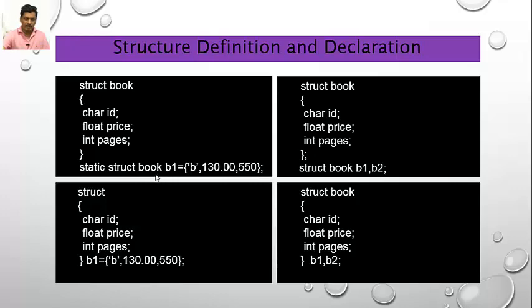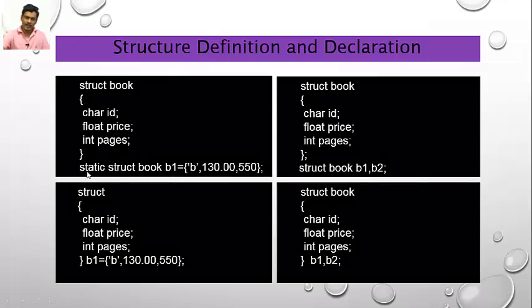At the time of initialization, whether array initialization or structure initialization, it should be a static or external storage class. If we declare and initialize simultaneously, we must put the static or external storage class specifier.